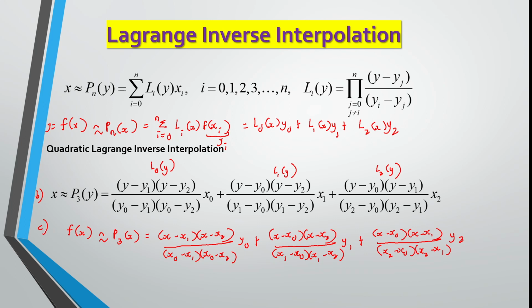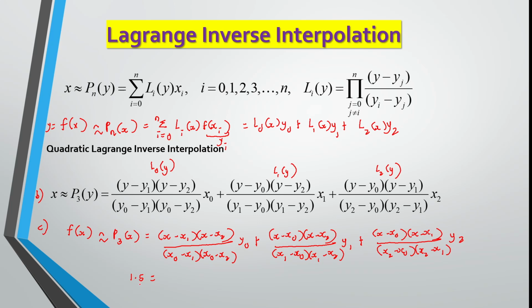For equation C, you use the interpolation formula, and we know f(x) is 1.5, right? So you put 1.5 here and plug in all x0, x1, x2, y0, y1, y2. Here you will get x times x squared, so you get a quadratic equation.